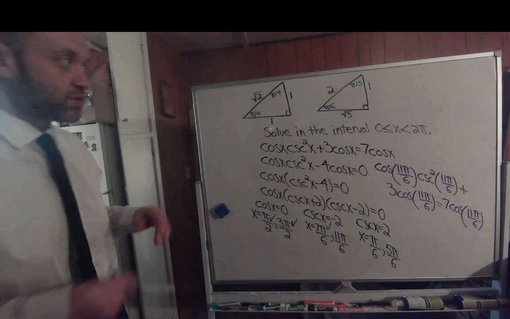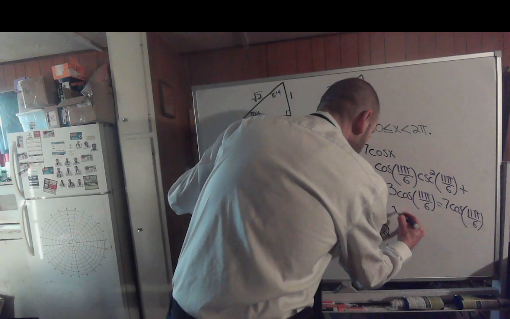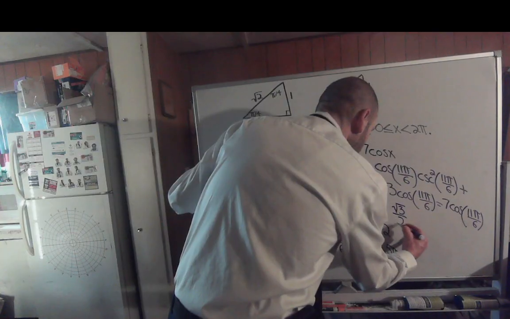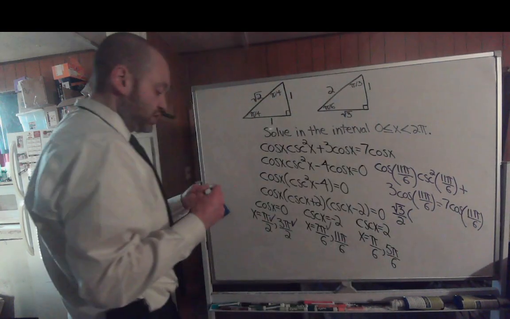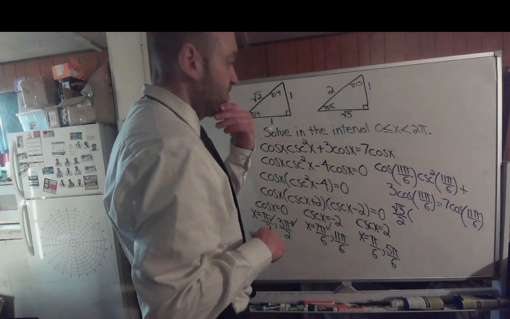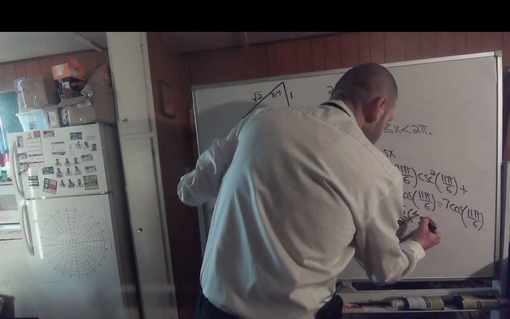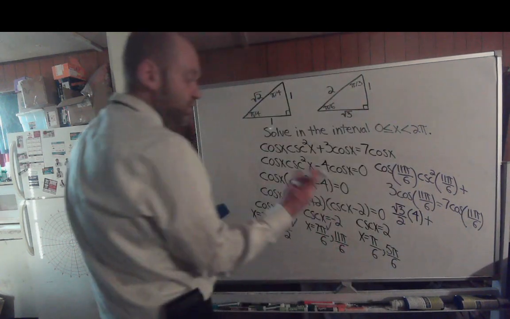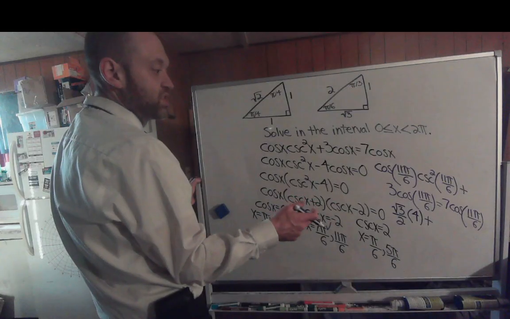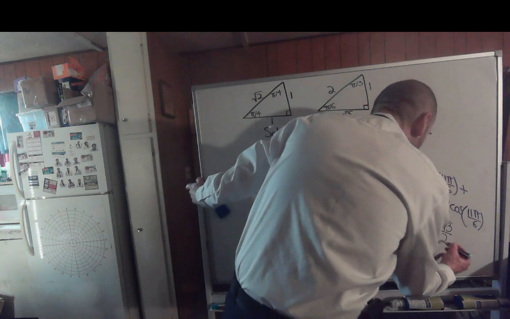This is the fourth quadrant, so this would be the square root of 3 over 2 times, what's the cosecant squared of 11 pi over 6? Well, cosecant of 11 pi over 6 is negative 2. That'd be times 2 squared, which would be times 4, plus 3 times the square root of 3 over 2.